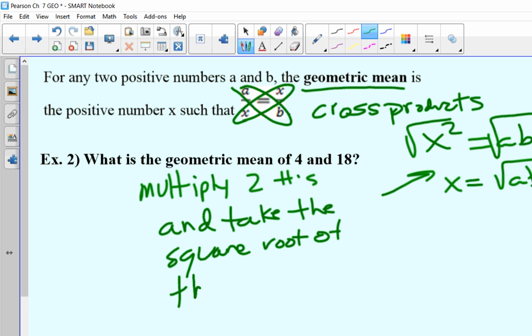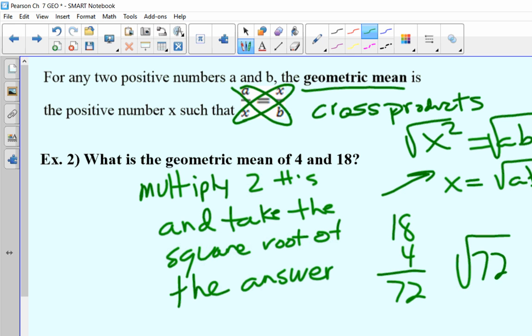Okay, so that's for geometric mean. I think it's just a simpler way. In this case, they gave me two numbers. Take the two numbers, multiply them together. I get this, then take the square root of it.